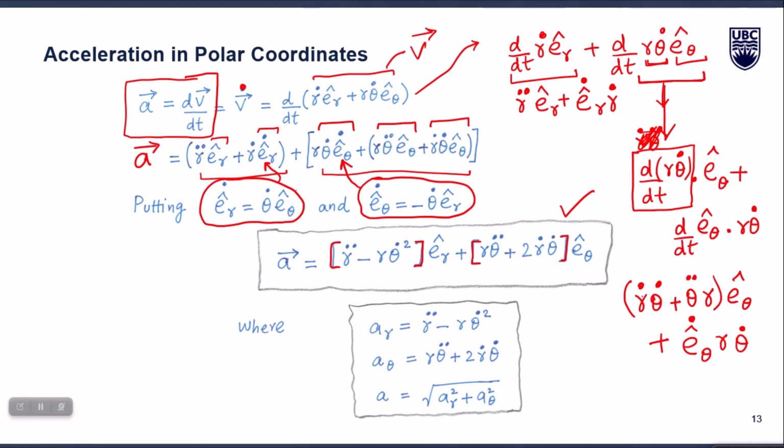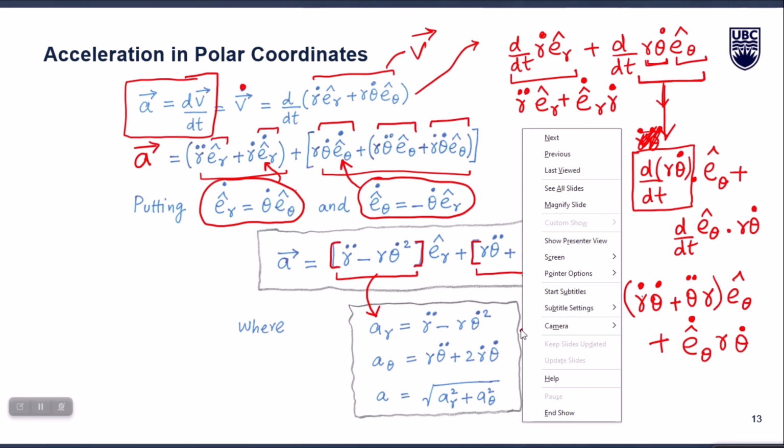One is in the direction of E sub r, one is in the direction of E sub theta, and both of those components have this magnitude for the E sub r component and this magnitude for the theta direction component. So we can call this whole quantity A sub r, the magnitude of the r component of acceleration, and this whole quantity A sub theta, the magnitude of the theta component of acceleration, right?